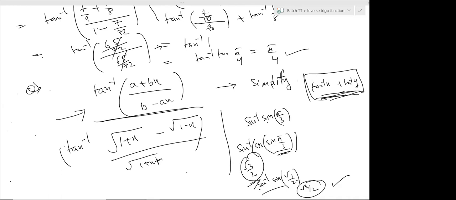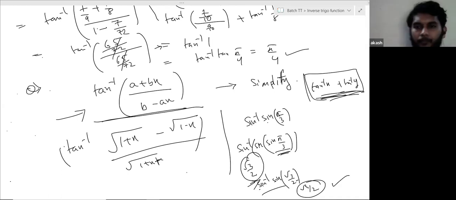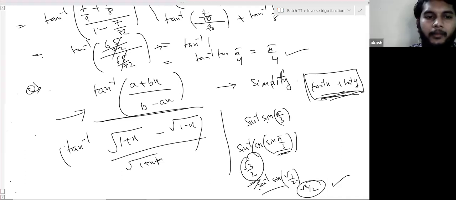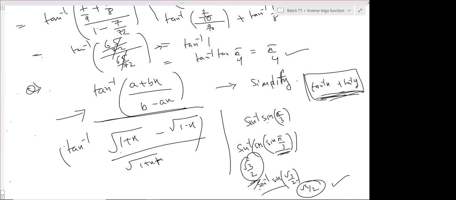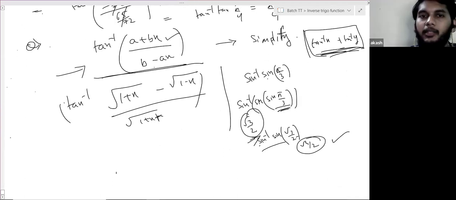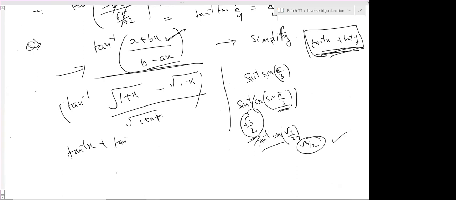Have you solved this? Sir, I found the formula, but I can't solve it. All right, no issues. See, in the denominator we have plus, in the numerator we have plus, in the denominator we have minus. That means we are going to use tan inverse of a plus b.